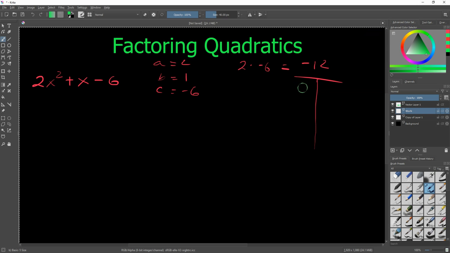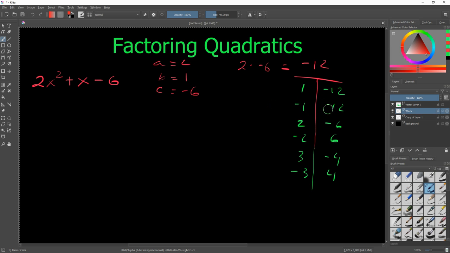So I want to start with, what multiply to be -12? I have 1 and -12. How about -1 and 12? 2 and -6, -2 and 6, 3 and -4, -3 and 4, and that's it. Which two numbers multiply to be that and add to be 1?